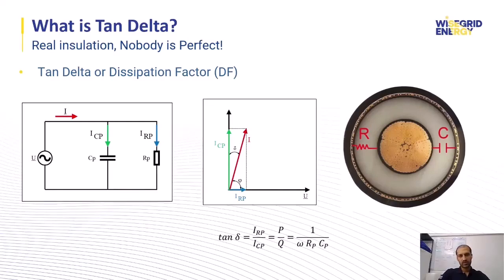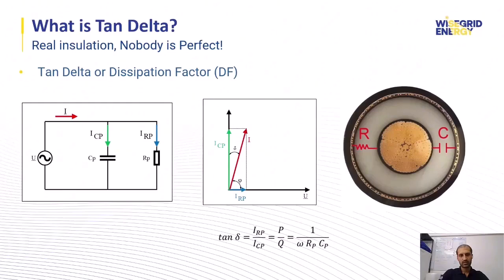So if we look at the vector diagram, we see that the current passing through the source, I mean I, doesn't have a 90-degree phase shift according to the applied voltage. And it deviates by delta from 90 degree.